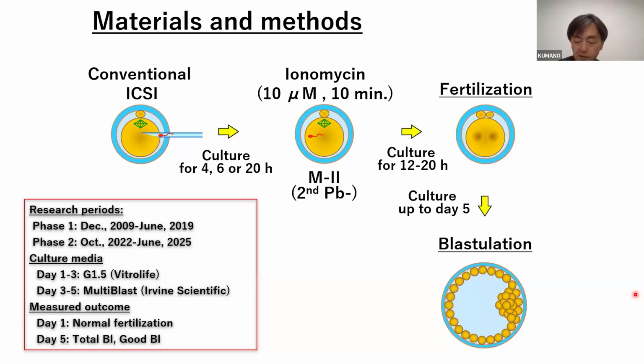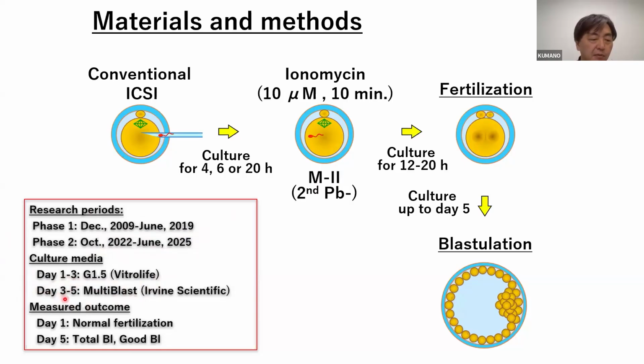In phase 1, we performed this clinical study between December 2009 and June 2019, and phase 2 was performed from October 2022 to June 2025. During this period, especially in the first phase, we cultured the human embryos using G1-5 medium, a very classical medium, from day 0 to day 3.